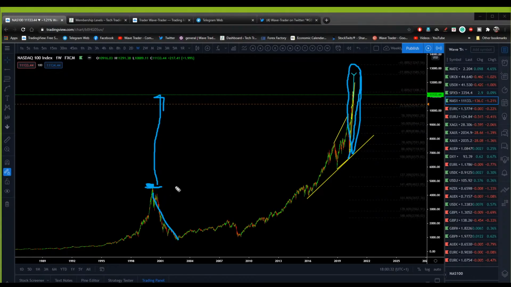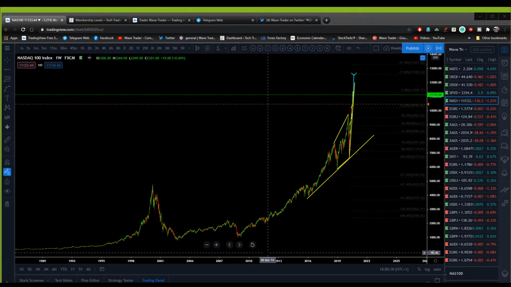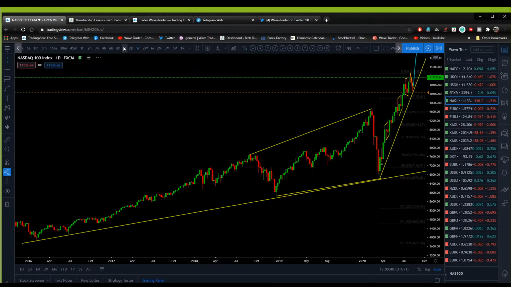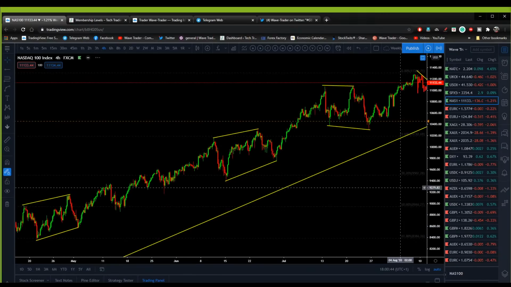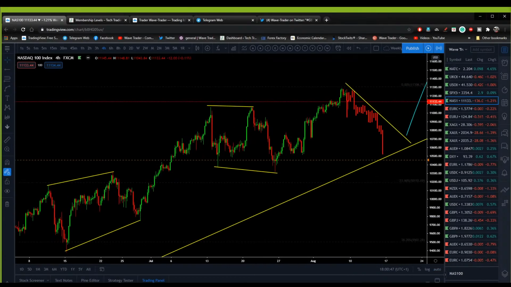If not that, then at least a deeper pullback. So expect that deeper pullback. Don't buy for longer term at the current levels. Only trade for short term and wait. We were looking for this leg to happen last time, and that has already happened.